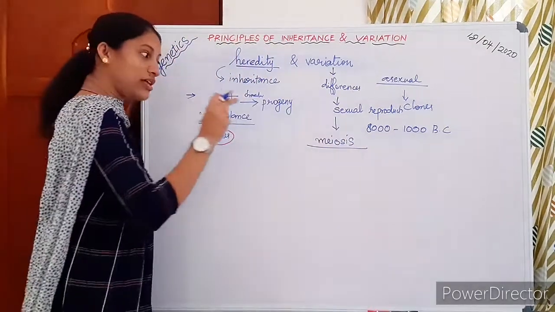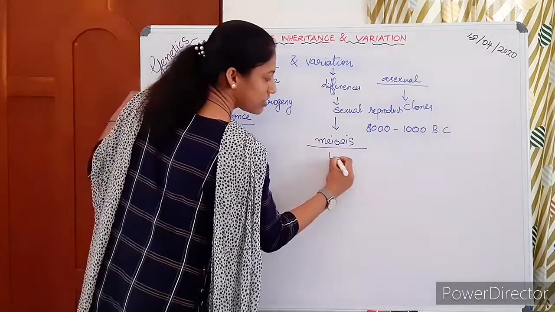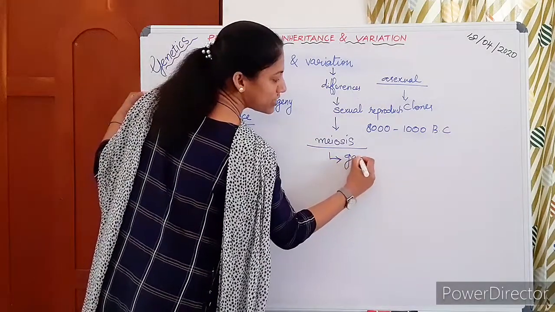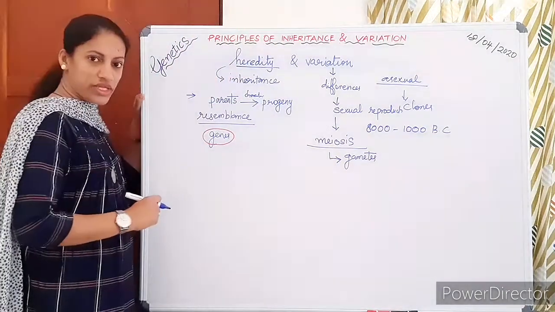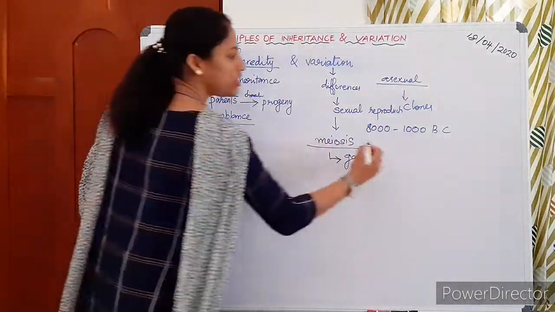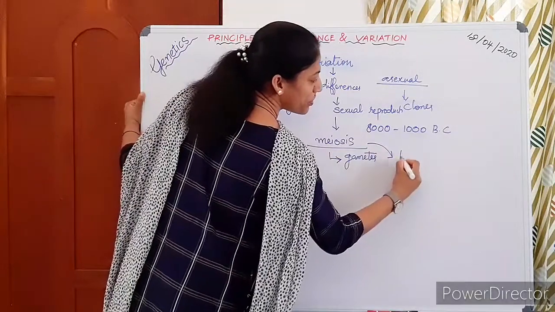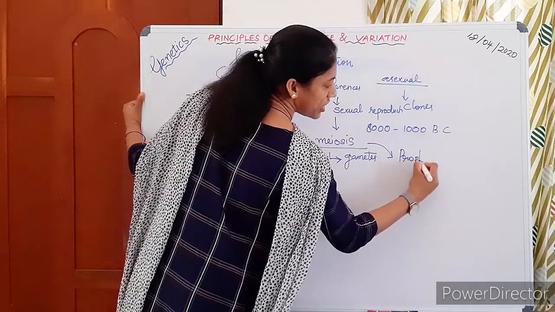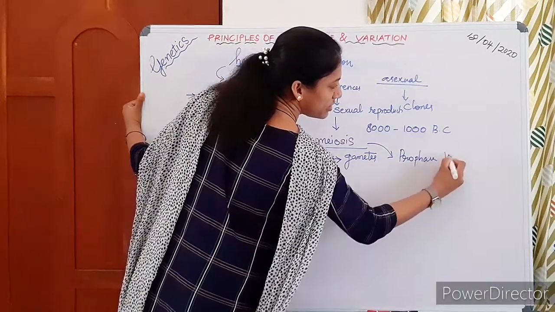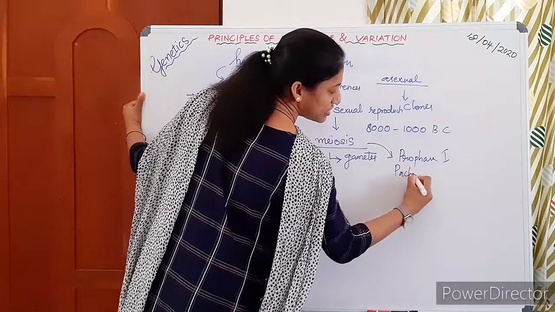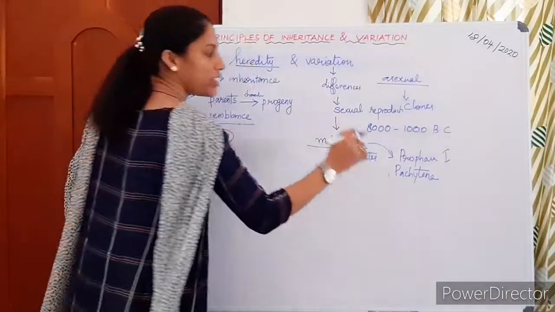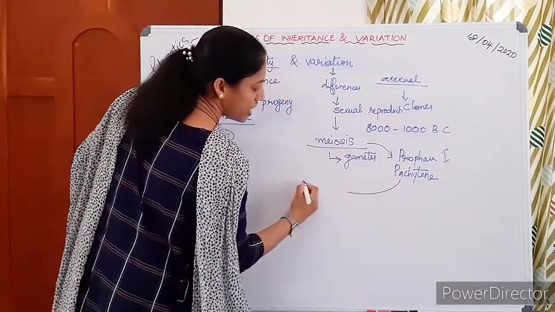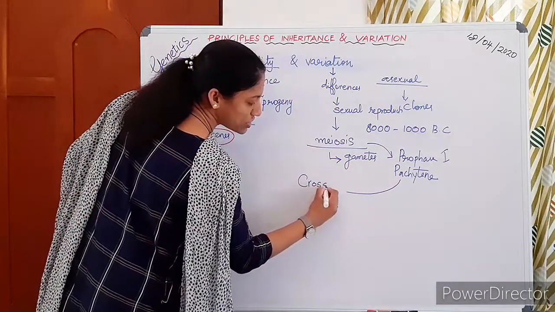Okay, that the division meiosis is occurring only at the time of sexual reproduction during the formation of gametes. You know that. So, in meiosis, during prophase 1, there is a stage called Pachytene. Okay, Pachytene stage, and all these things you have learnt in +1. And in Pachytene stage, there occurs crossing over.